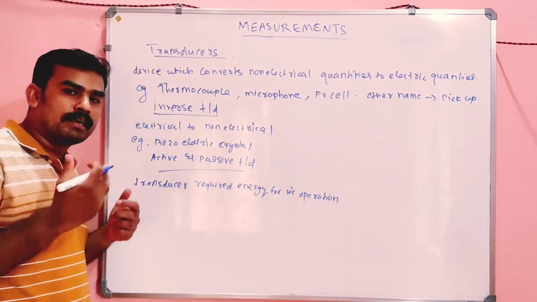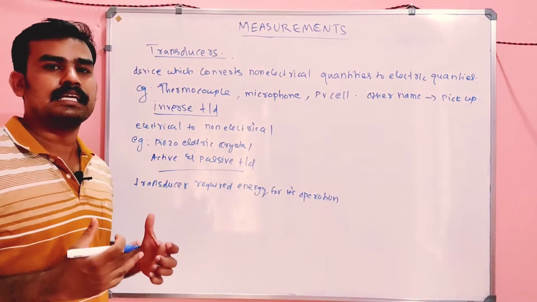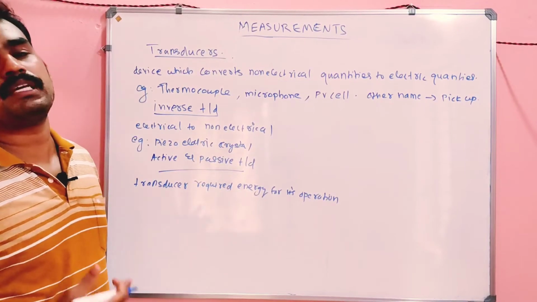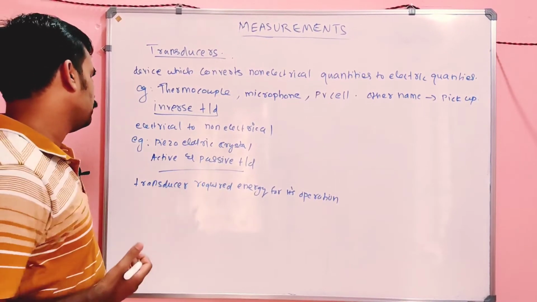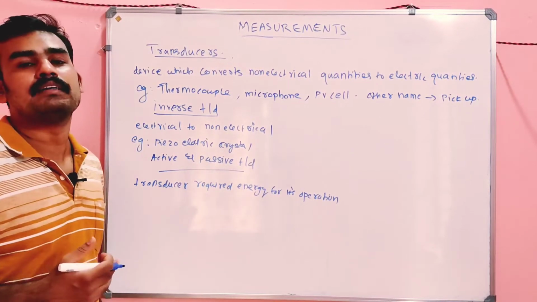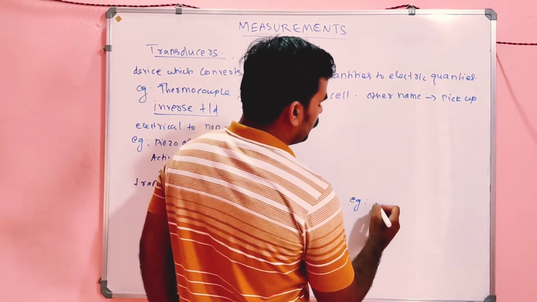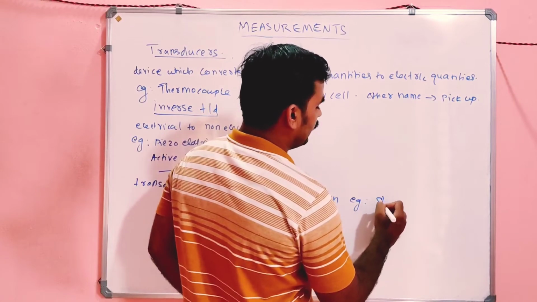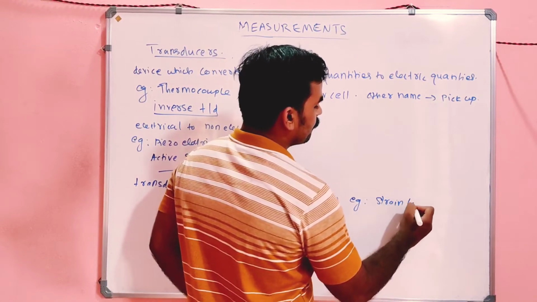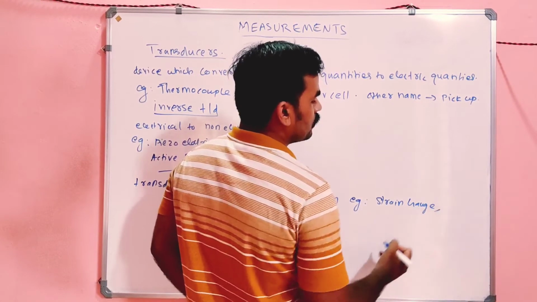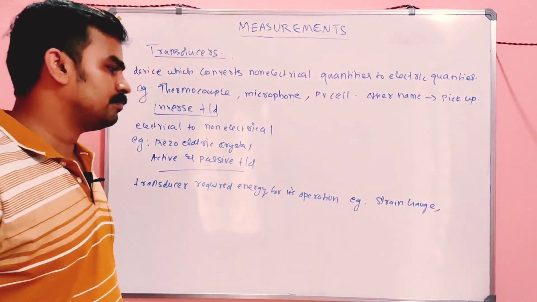If a transducer requires some energy for its operation, then we call it an active transducer. For example, our strain gauge. We will study the strain gauge later in this session.